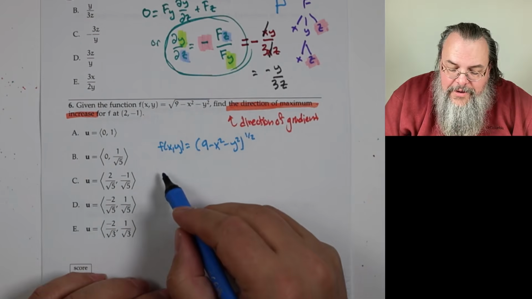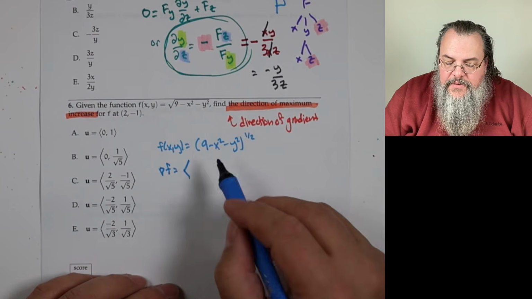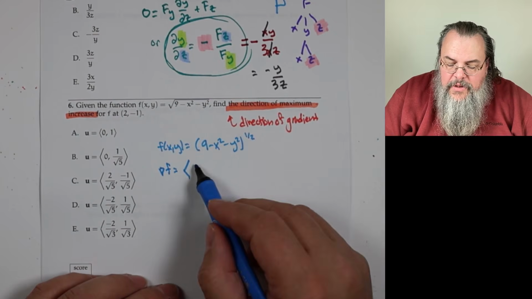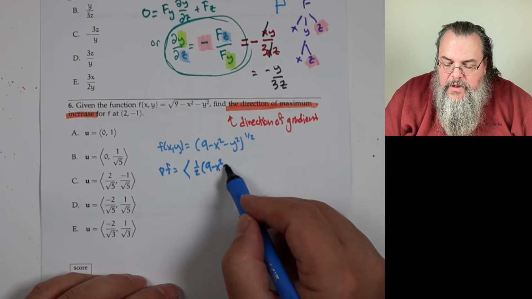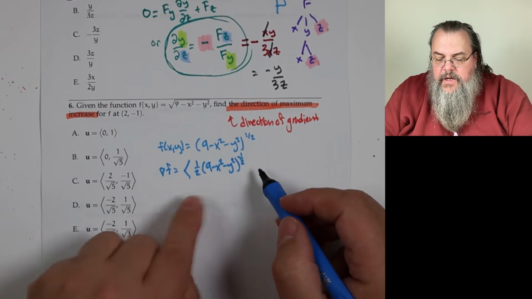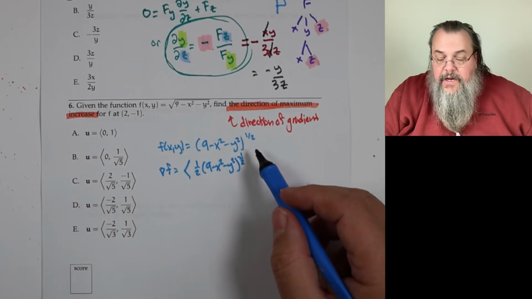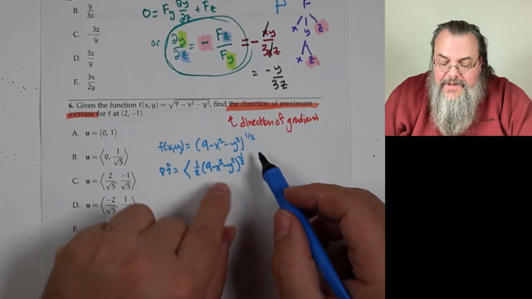So our gradient of f, we take our partial derivatives. Okay, chain rule. Taking the derivative with respect to x, the 1/2 comes down. 9 minus x squared minus y squared to the minus 1/2. Subtract 1 from the exponent. And don't forget, times the derivative of the inside.